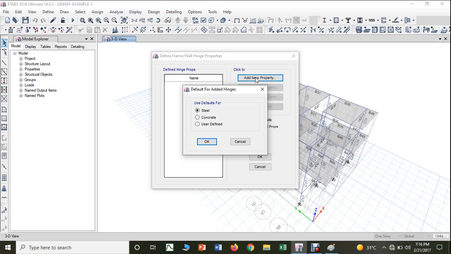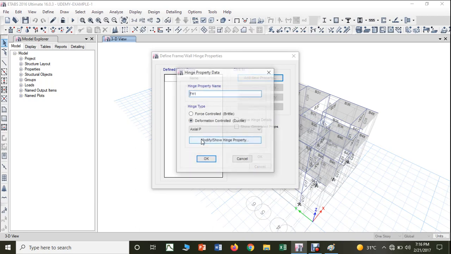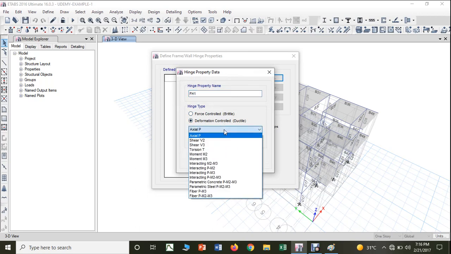Okay, so you can see if I choose steel, you can see force controlled or deformation controlled, and in which direction you want, whether axial load, shear in one direction and shear in another, whether torsion or moment.